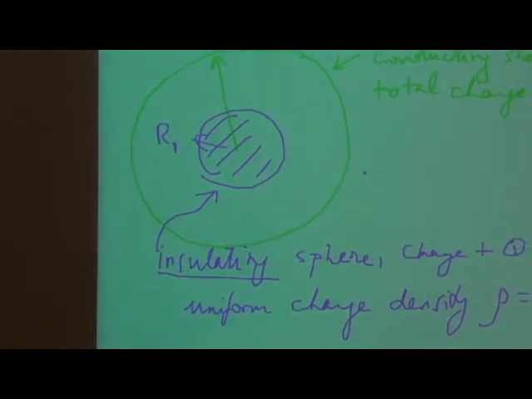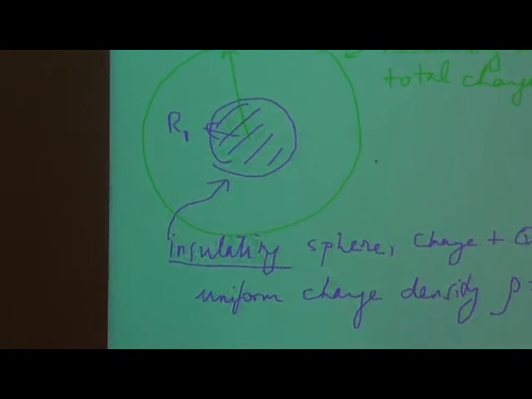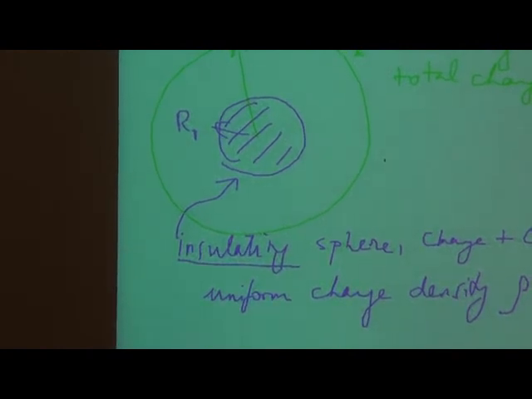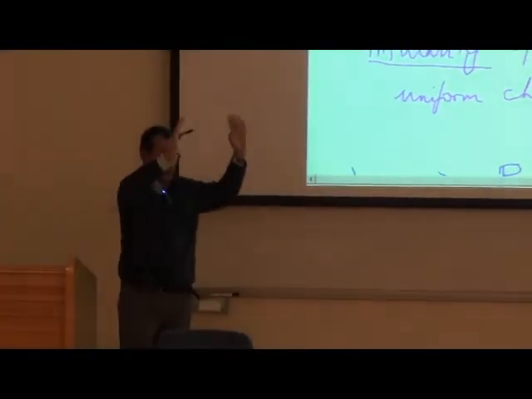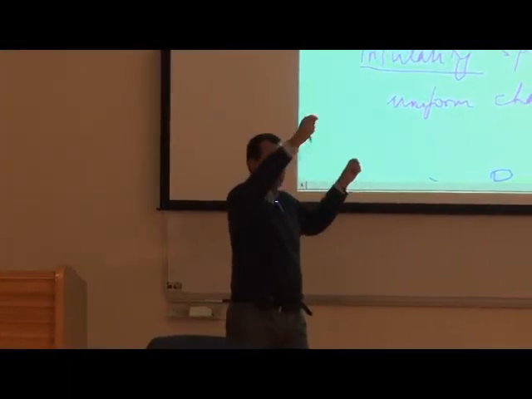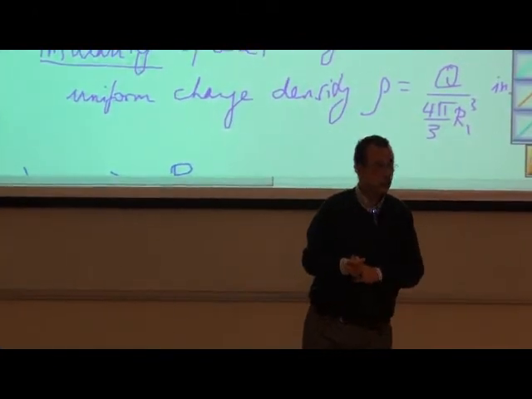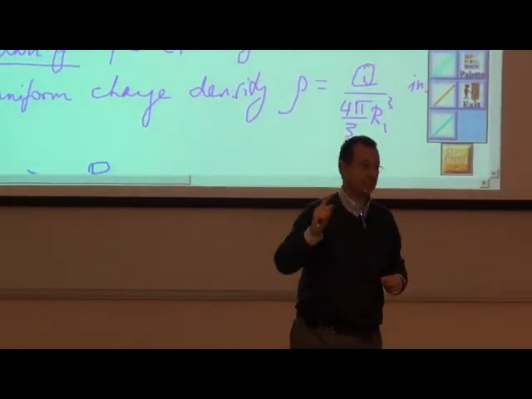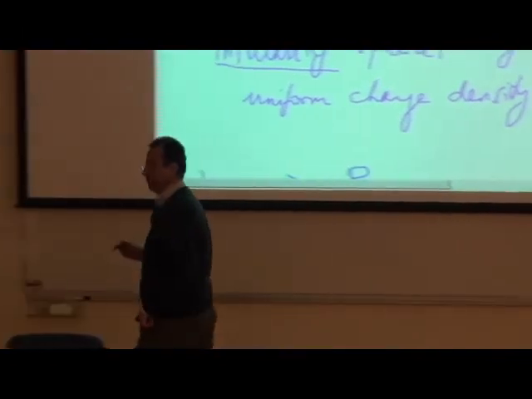Outside the big spherical shell, I make up an imaginary Gauss surface. Of course, this is a problem with spherical symmetry, so my surface should be a sphere because all the points on that sphere will have the same electric field. Okay? So you always choose a surface that's going to be easy such that the electric field is constant on that surface.